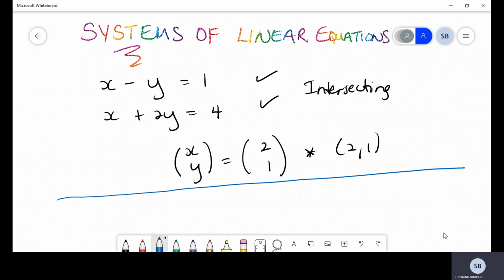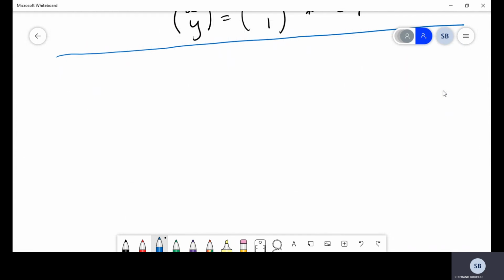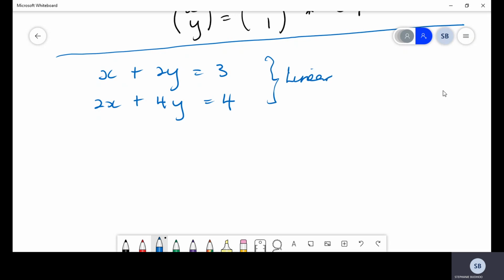Let me show you a second case scenario that can happen. Say you had a system of equations, x plus 2y is equal to 3, and 2x plus 4y is equal to 4. Once again, both are linear, two straight lines on a graph.